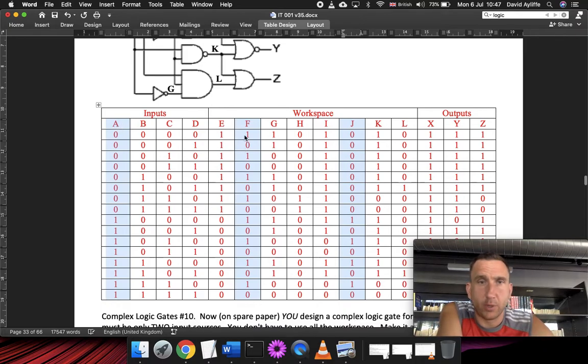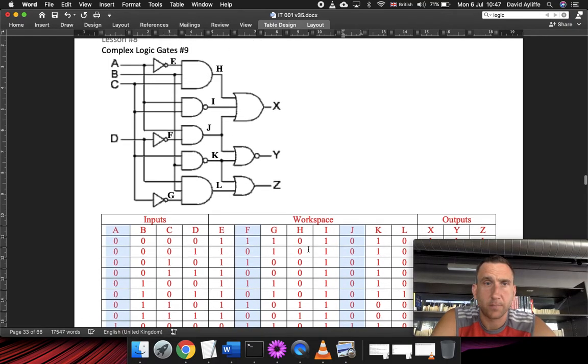So 0 and 1 is 0, 0 and 0 is 0. Every time we've got a 0 as input, we're going to get 0 as output. 1 and 1 is 1, 1 and 0 is 0, 1 and 1 is 1, 1 and 0 is 0. Okay, happy with that.